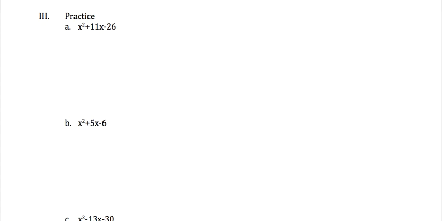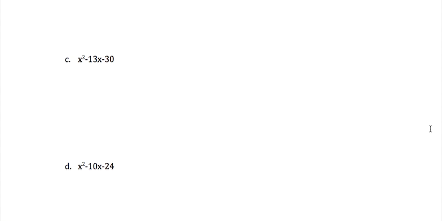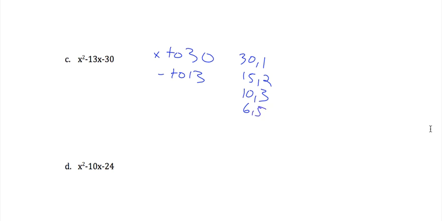Let's try two more. This next one I'll try. This is very, very similar to all the previous ones, so the pattern's not really changing a whole lot. We're still looking for numbers that multiply to 30 and subtract to 13. Those numbers would be, well, it's not 30 and 1. And if we look at all of the other numbers that multiply to 30, 6 and 5 will not make 13.